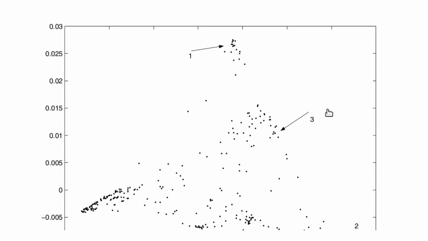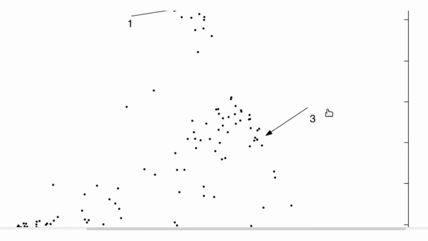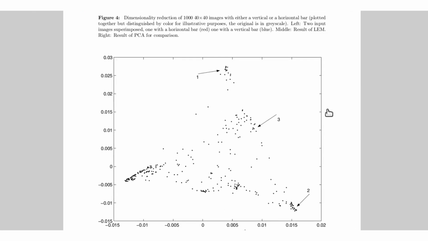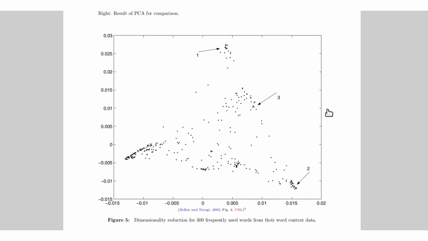Here's the application for words. You have a large corpus of text, and you characterize each word by its neighbors, by the statistics over the neighbors that it occurs with.